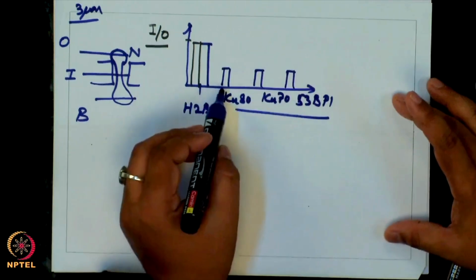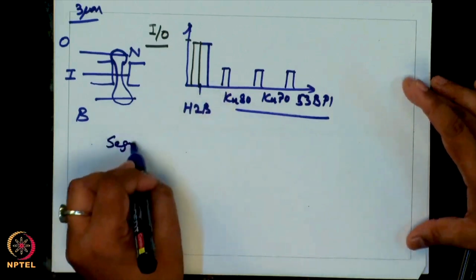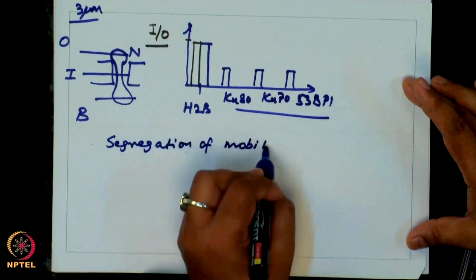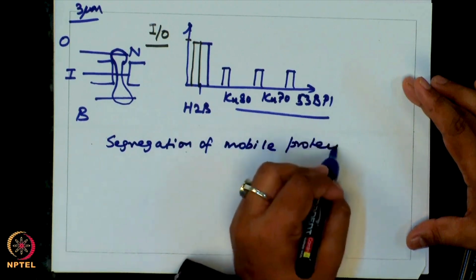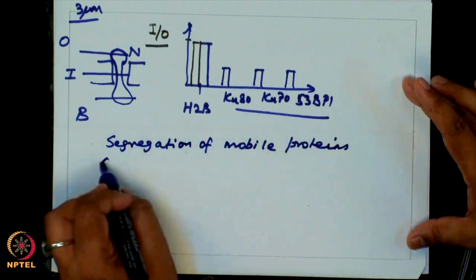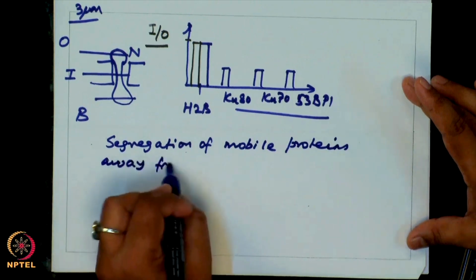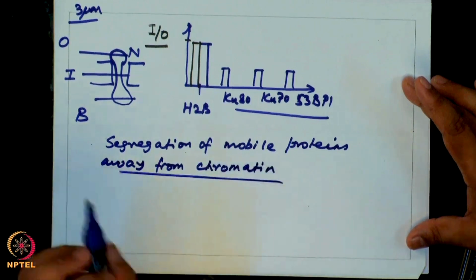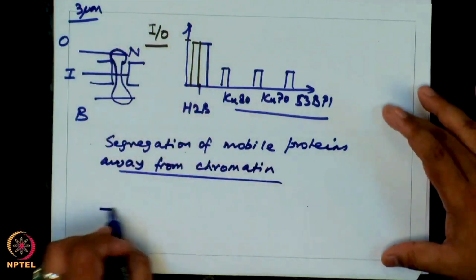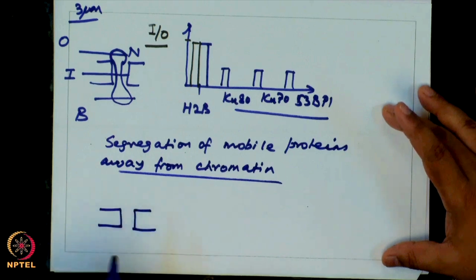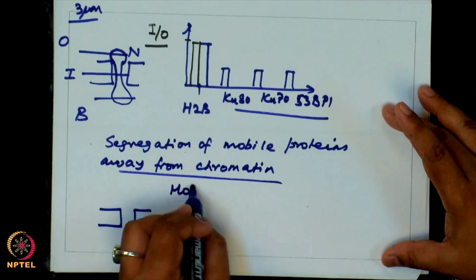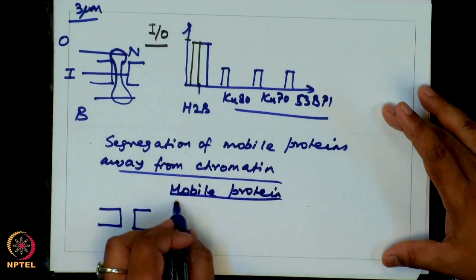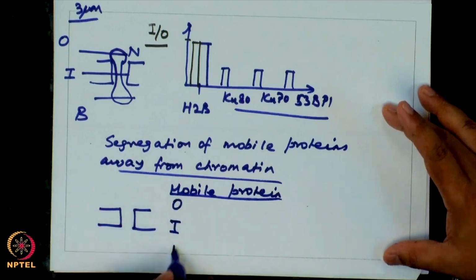Okay. So, suggesting that there is a segregation of mobile proteins, okay, away from chromatin. Okay. So, there is a segregation. So, if I were to draw, okay, the mobile protein fraction, okay, outside, inside and bottom.